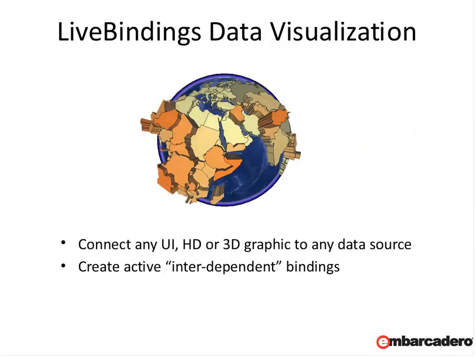Now, also new in FireMonkey is LiveBindings data visualization. This is a feature that's new in both FireMonkey applications and also VCL. What LiveBindings means is that it lets you connect any user interface, HD or 3D graphic, to any data source, and allows you to create interdependent bindings. So what does this mean? For example, if you look at the graphic here on the slide, you can see that some of these countries are protruding out of this image.